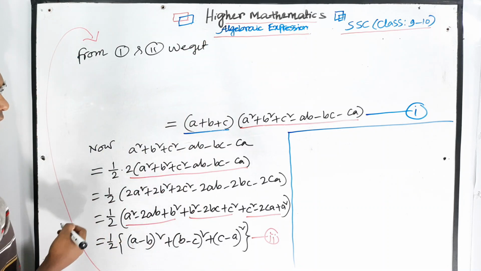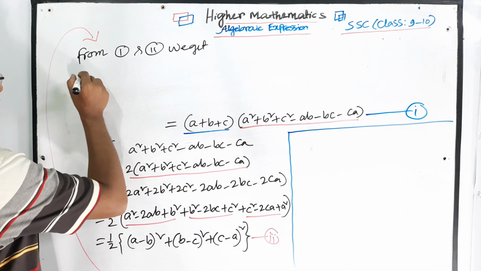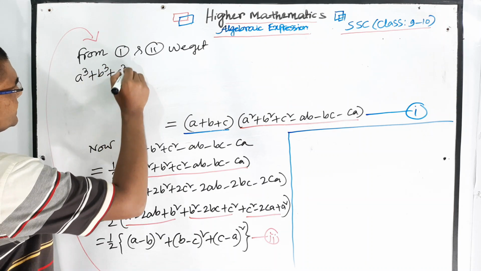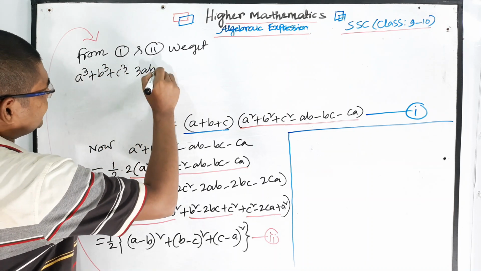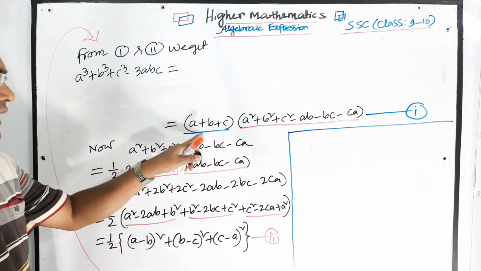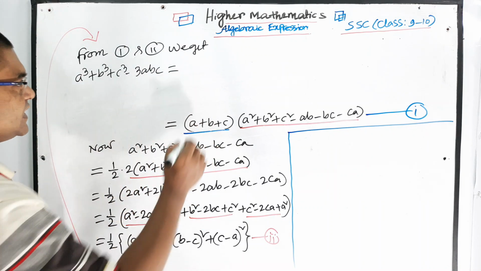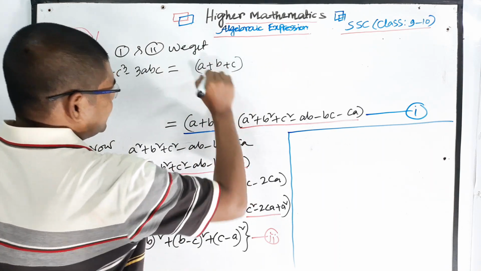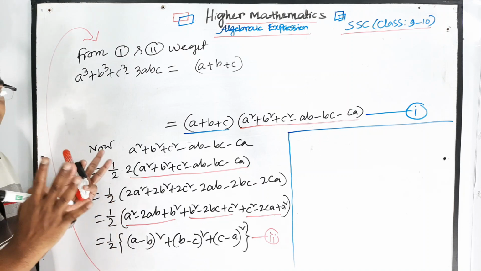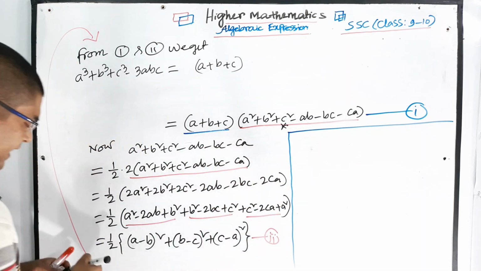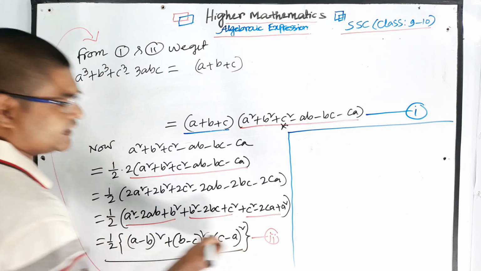we get a cube plus b cube plus c cube minus 3abc equal to, here a plus b plus c is fixed, it will not be changed, but this part we will get as this.